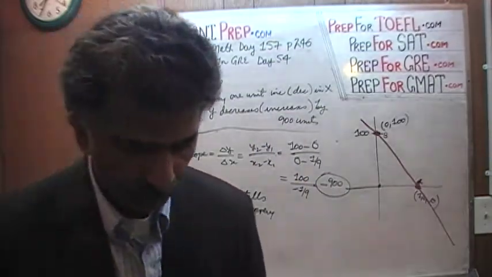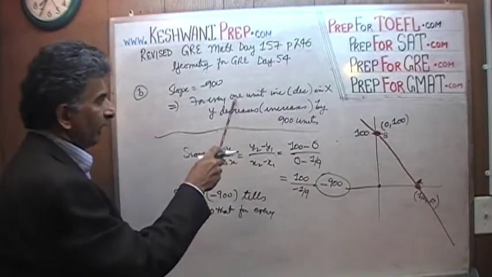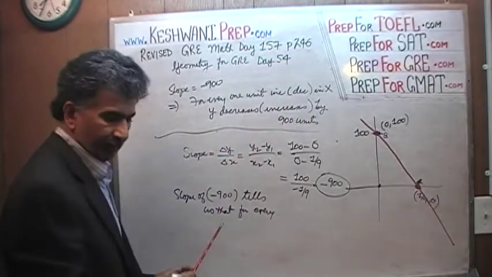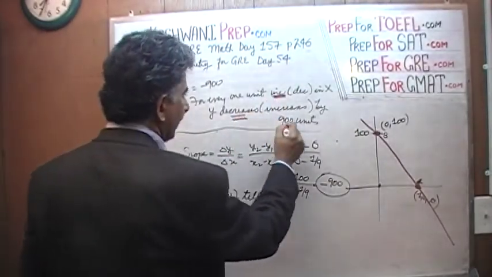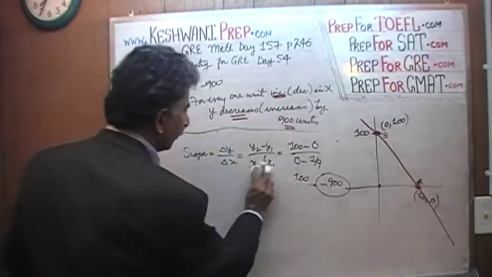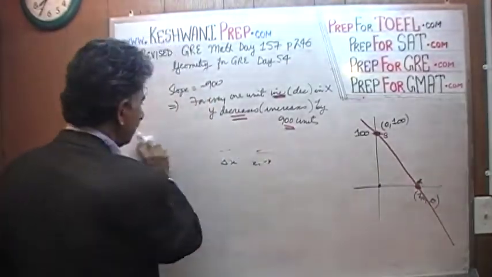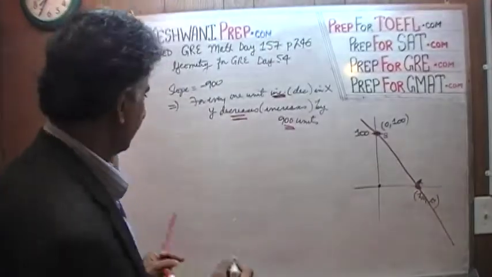Notice the relationship is reversed. If x goes up by 1 unit, y goes down by 900 units. And if x goes down by 1 unit, y increases by 900 units.